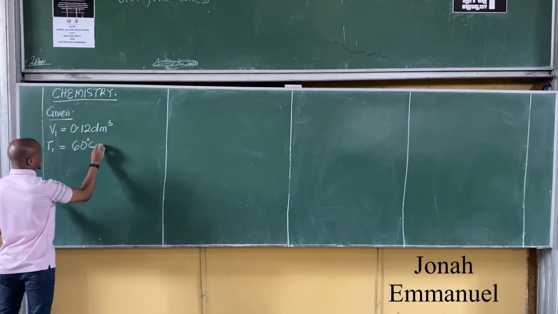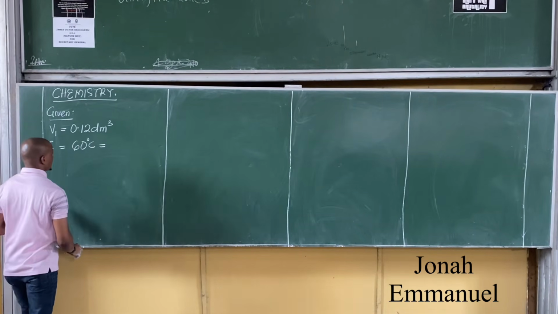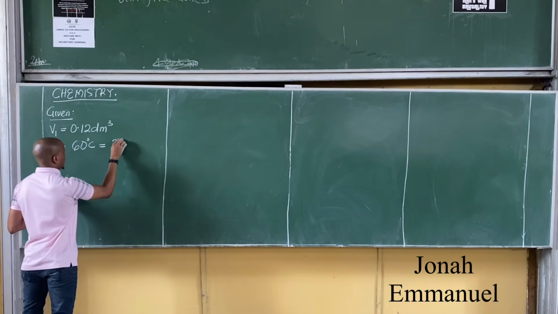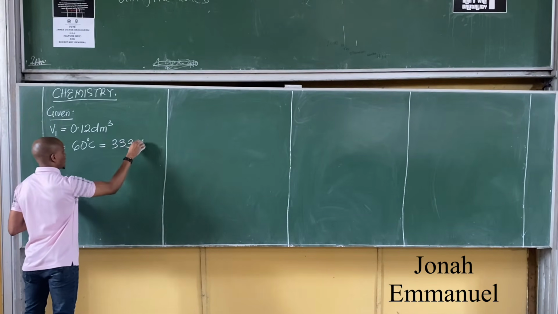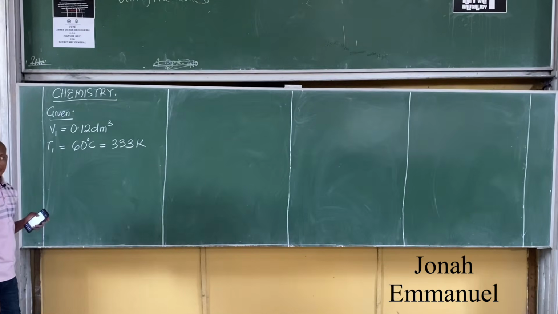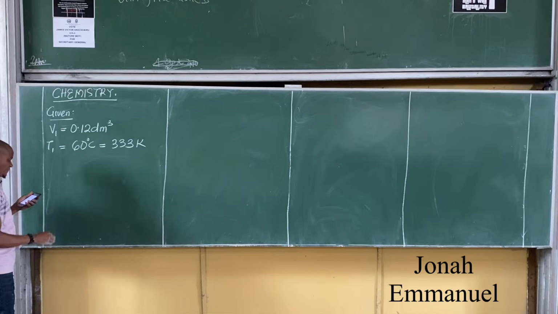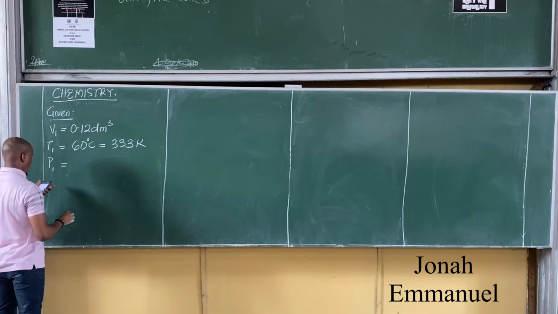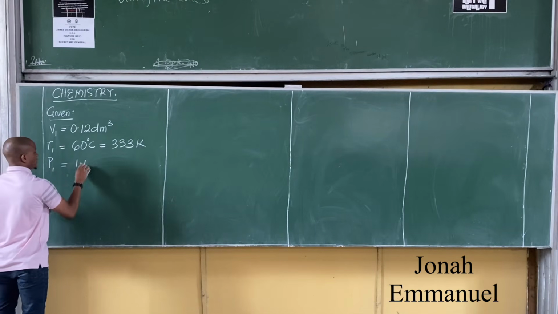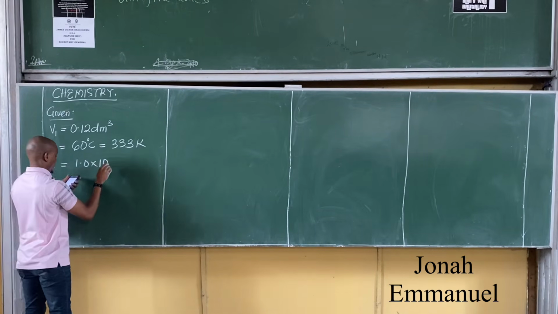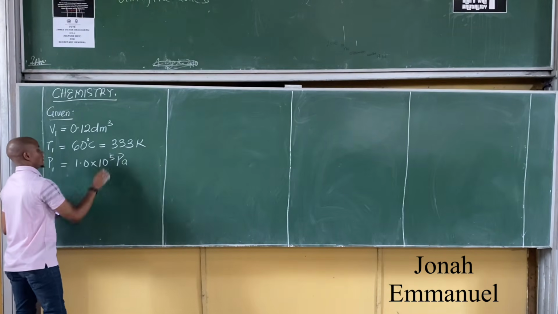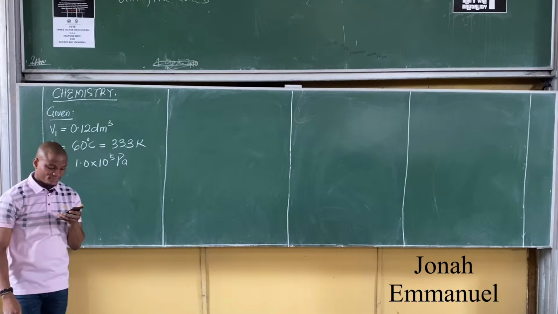Please convert 60 degrees to Kelvin. So add 273. What do you get here? What's next then? P1 is what then? 1.0 times 10 to the power 5 Pascal.